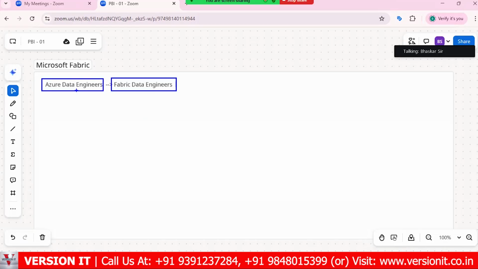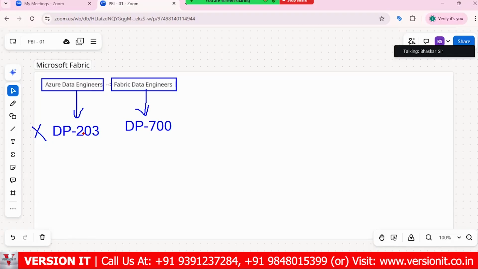Previously, we had a certification called DP-203 for data engineers. The Data Engineer Associate certification was DP-203, and now it was retired, I think at the end of March, and now they have a certification for data engineers, DP-700.